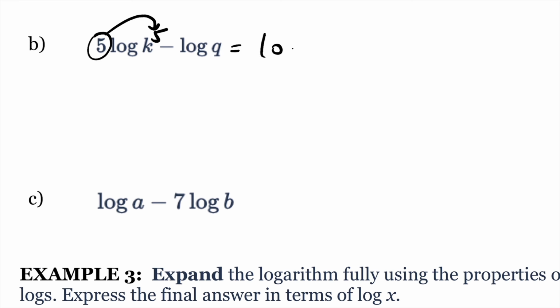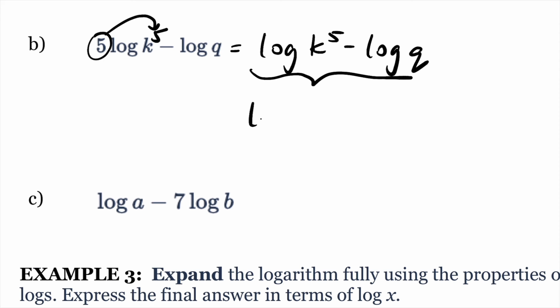So now it's log k to the 5th minus log q. Yep. And then the next thing to look for is the plus or minus. We have a minus this time, so that means division instead of multiplication. So I'm going to combine the logs. I only need one log. And I'm going to combine them. K to the 5th goes on top. Q goes on the bottom.